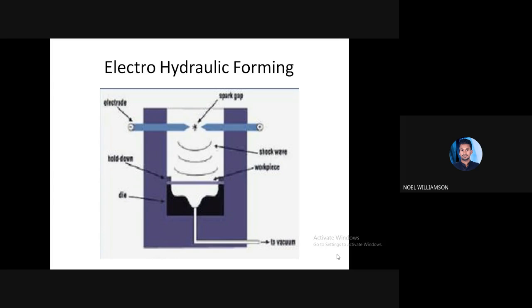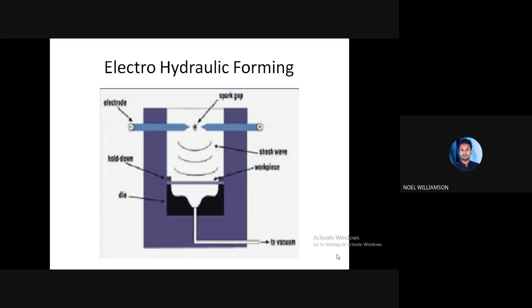These are all high velocity forming processes, where the basic difference is that in the explosive forming, we use certain explosives, right? Using certain explosives, it is detonated, and the pressure waves created by the detonation or the explosion are used to collapse the workpiece towards the mold.